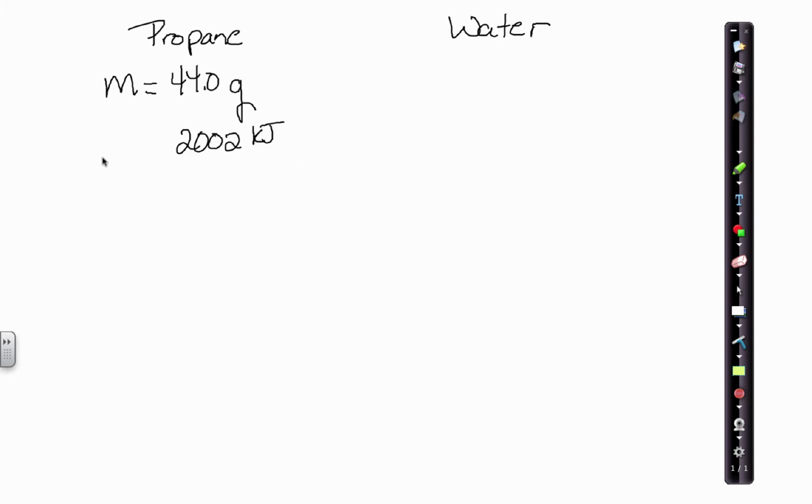So energy would be Q, but since it releases it, we actually have a negative Q. So anytime that I have heat energy and it's being released, that means that it's being taken out of the system, so it's negative. All right, now for water, well, it tells me the specific heat capacity, which is C. So that's 4.200 joules per gram Kelvin.